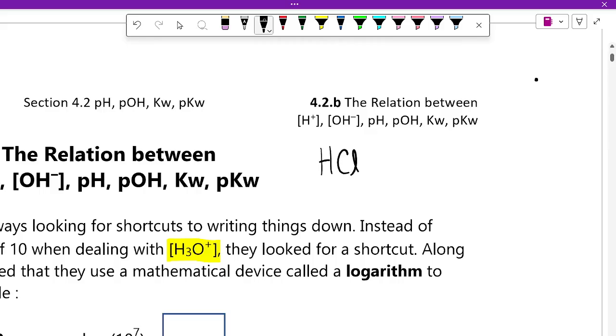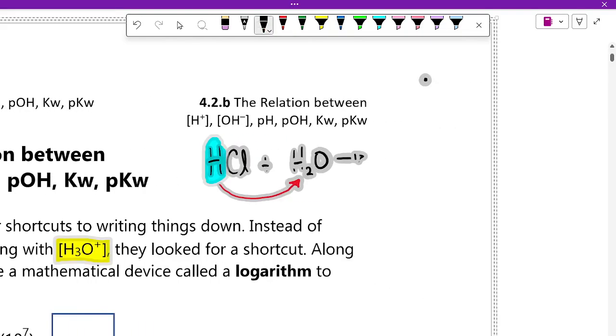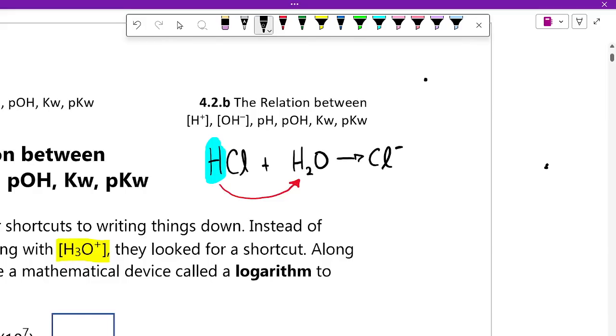HCl plus water goes to, and what actually happens is that this hydrogen here goes and attaches onto the water. That's what really happens. So you actually end up with Cl minus, and when we attach another hydrogen to the water, it becomes H3O+.